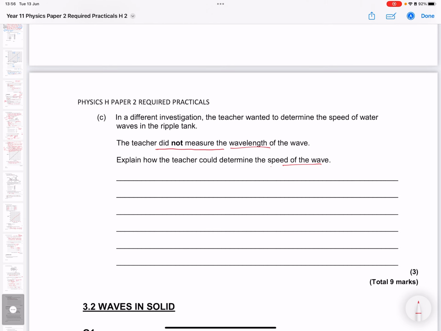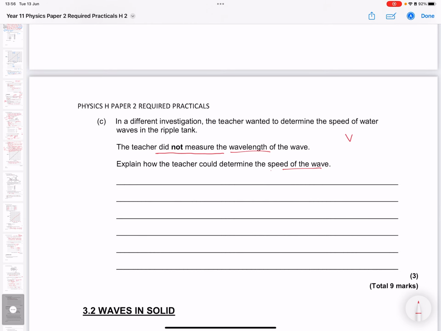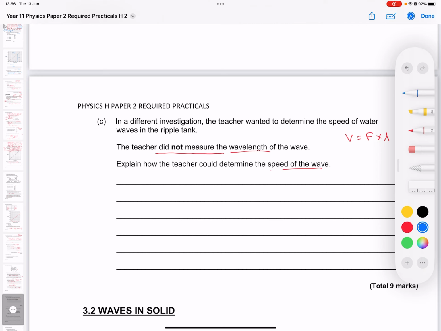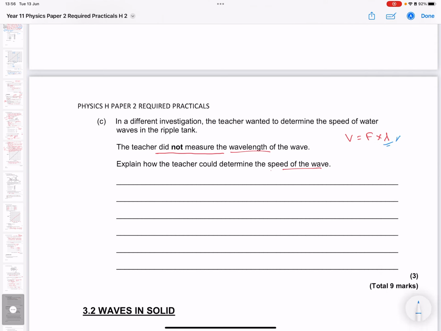Normally we use v is equal to f times lambda, but unfortunately she hasn't taken the reading for lambda, so she didn't get it. So how else can we get wave speed? Velocity or speed is equal to distance divided by time. So it is our usual equation, isn't it?